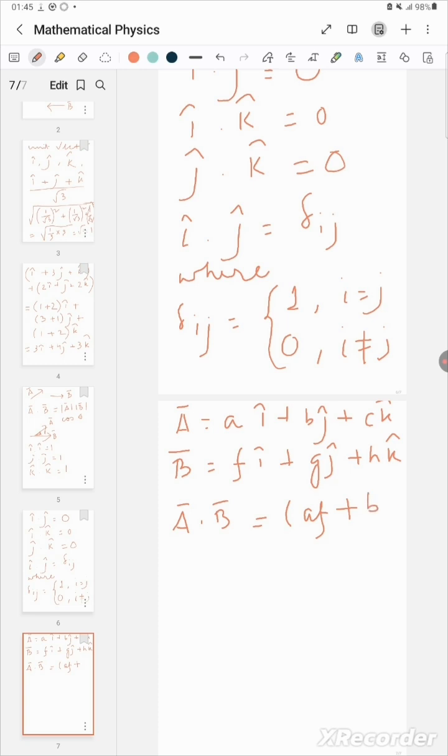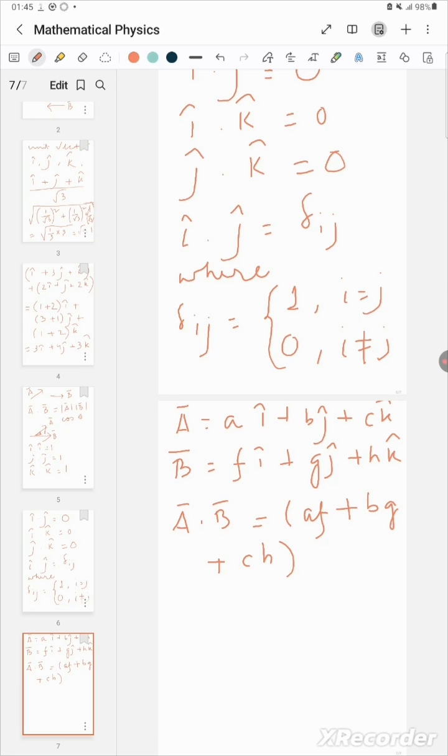It would be b and g plus, now multiply the coefficients of k cap, which would be ch. So this is basically the answer of A dot B if the form of the vector is this.